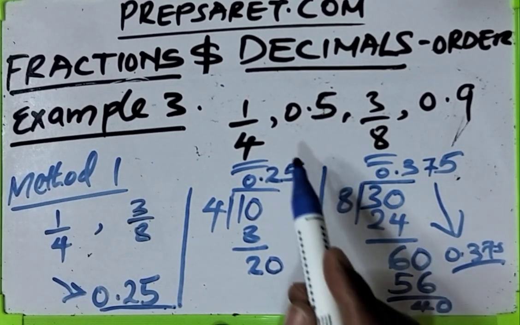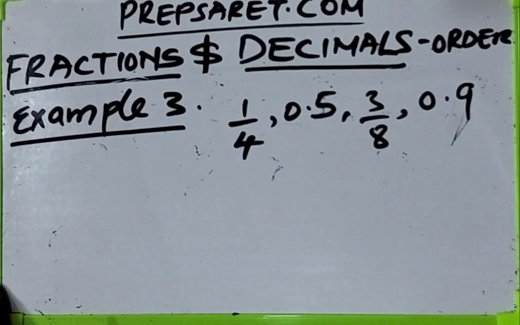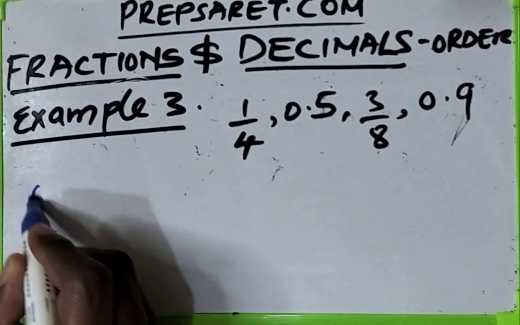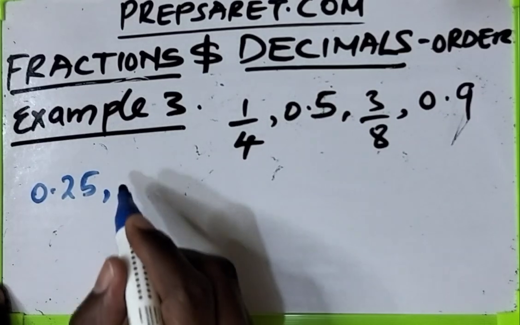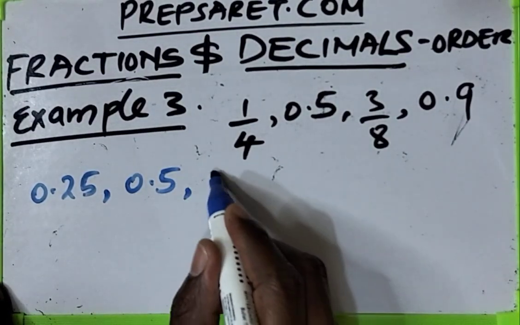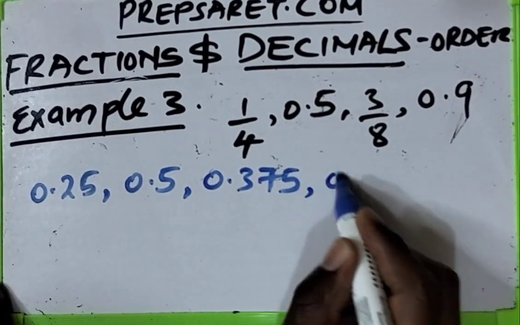So we have the two fractions as decimals. We also combine with the rest of the decimals. So we shall have a quarter, or 1 over 4, written as 0.25 that we have already found up there. Then there's 0.5. Then 3 over 8 has been found as 0.375. And finally 0.9.